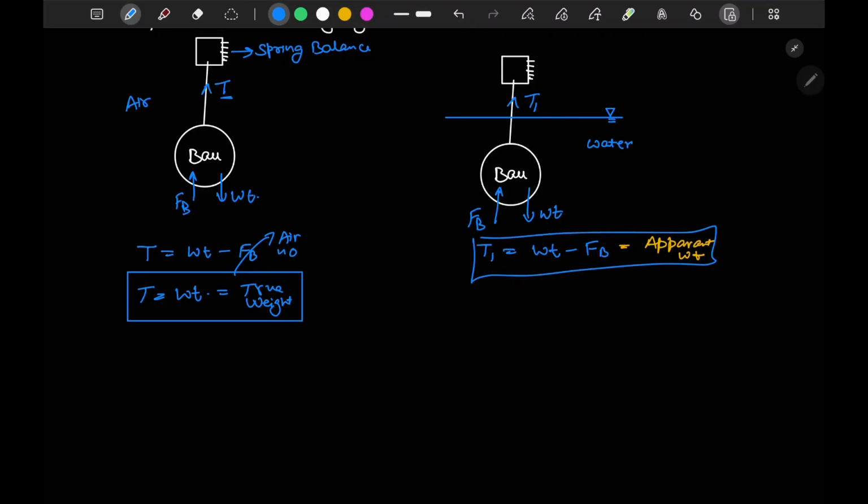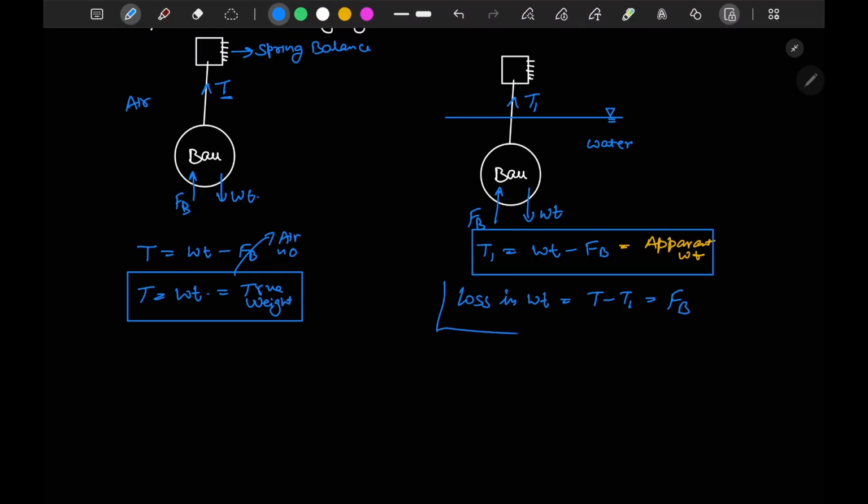So from here we can say that loss in weight is equal to true weight minus apparent weight, T minus T dash, and this is equal to the buoyant force. If we subtract both, I obtain the buoyant force. So loss in weight is equal to the buoyancy force.